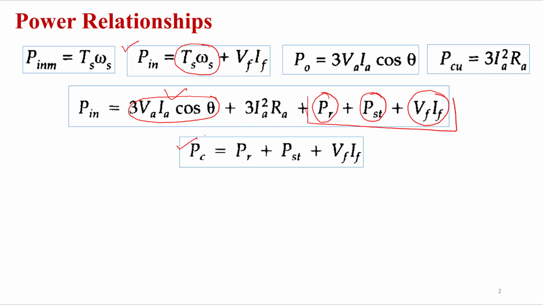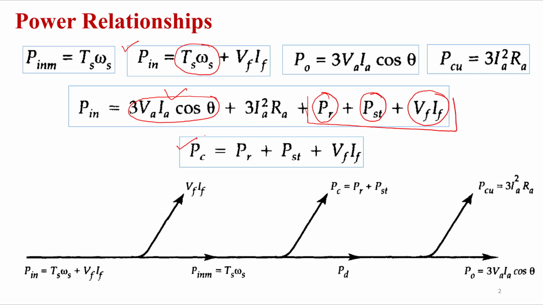So PC is equal to PR plus PST plus VFIF, right? Now I can say that this is your power flow diagram in the synchronous generator.